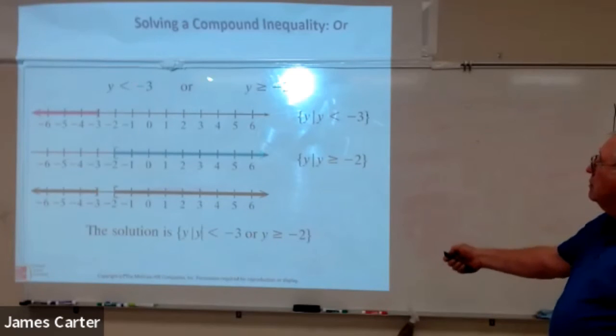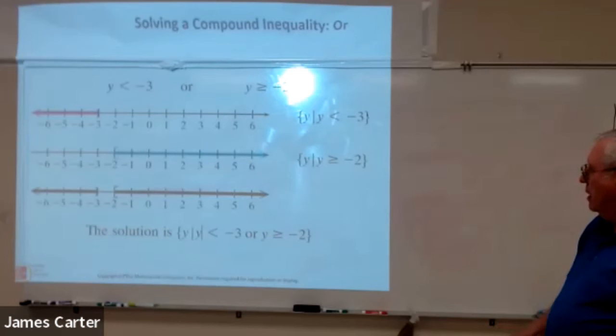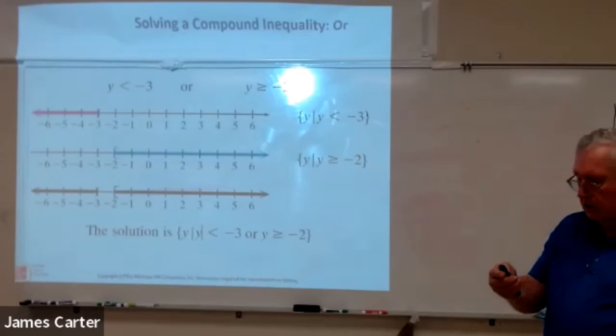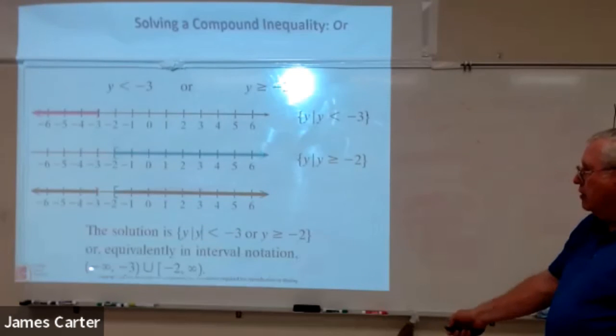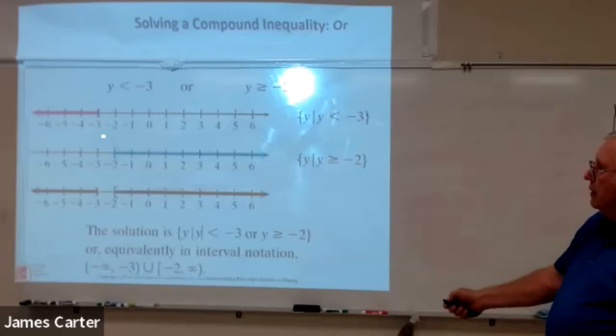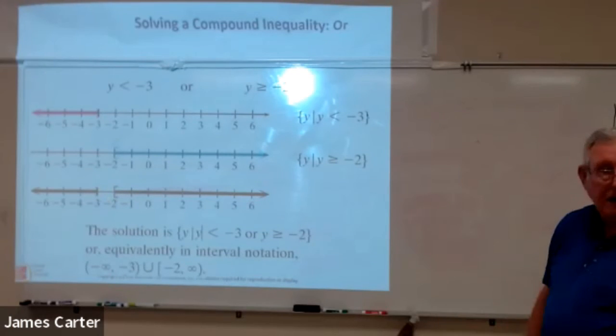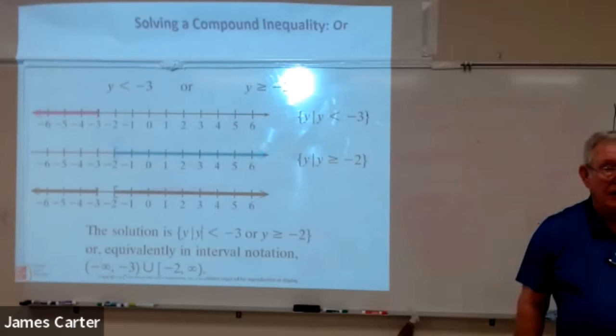Well, you could put a union symbol there, but usually we just write the word "or". Okay, now, here's the interval notation. This stuff right here, and this stuff right here, with the gap in the middle.